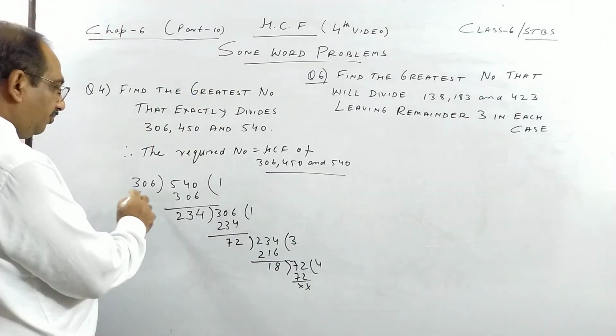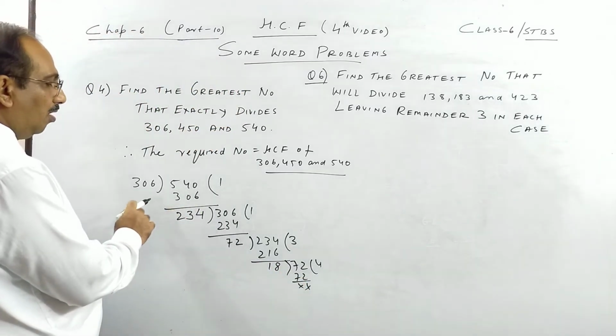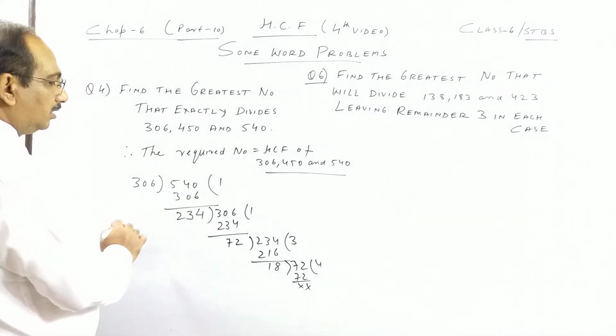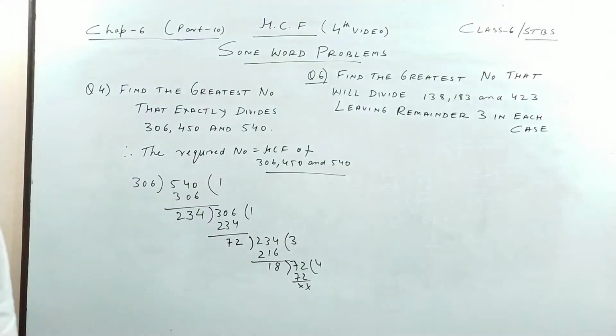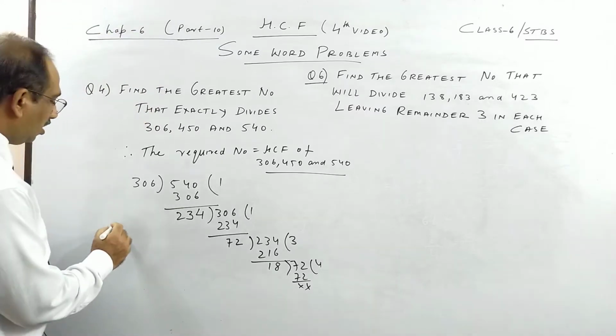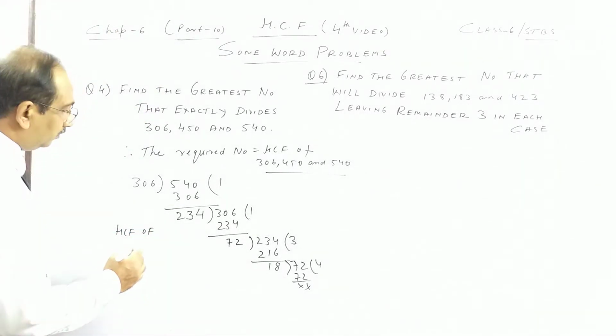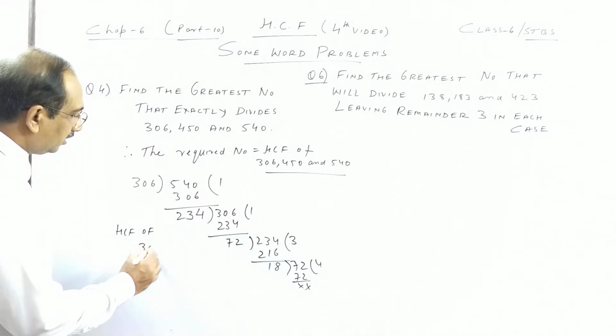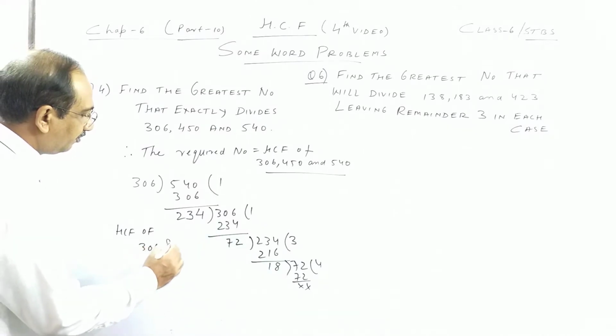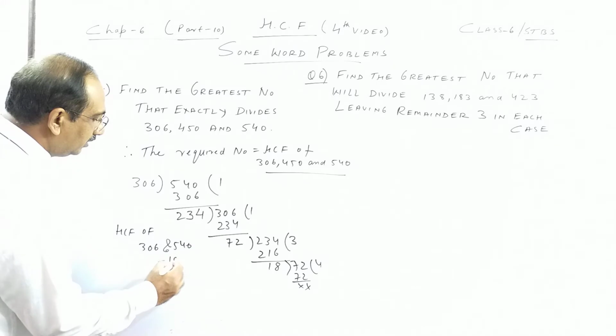So the HCF of 306 and 540 is 18. So here you can write: HCF of 306 and 540 is 18.